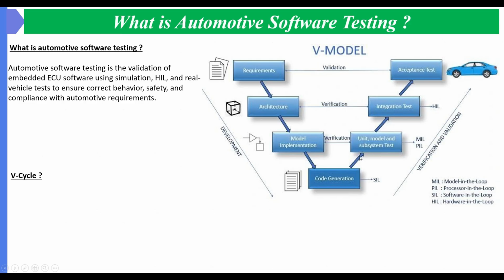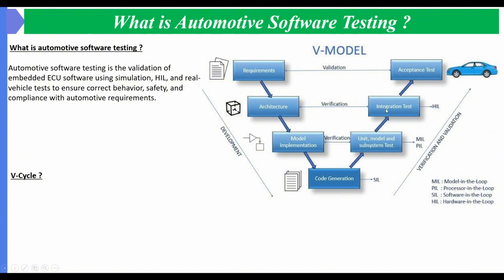Then we have model in the loop or processor in the loop. This kind of testing is used to validate or test units or the model itself. Okay, and the goal is to ensure that the implementation of the model was correctly done. Okay, and then we have integration tests.